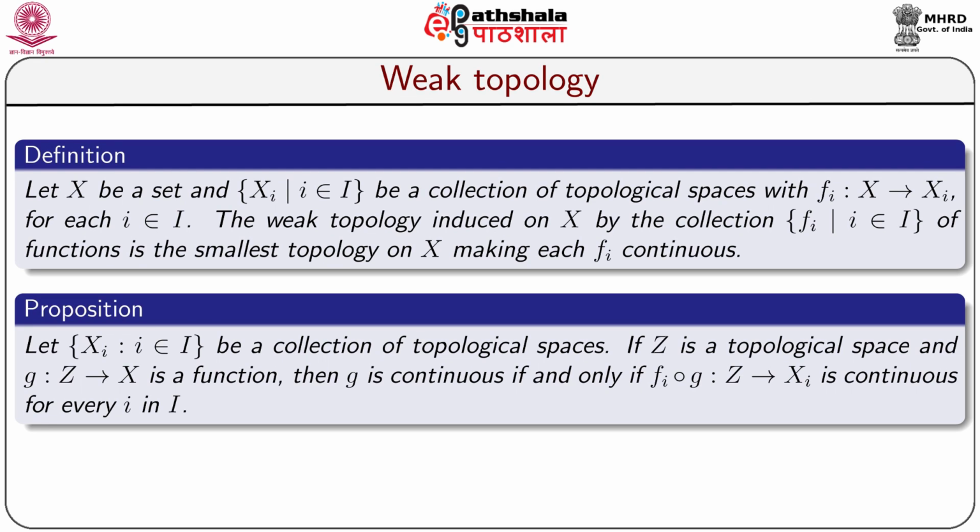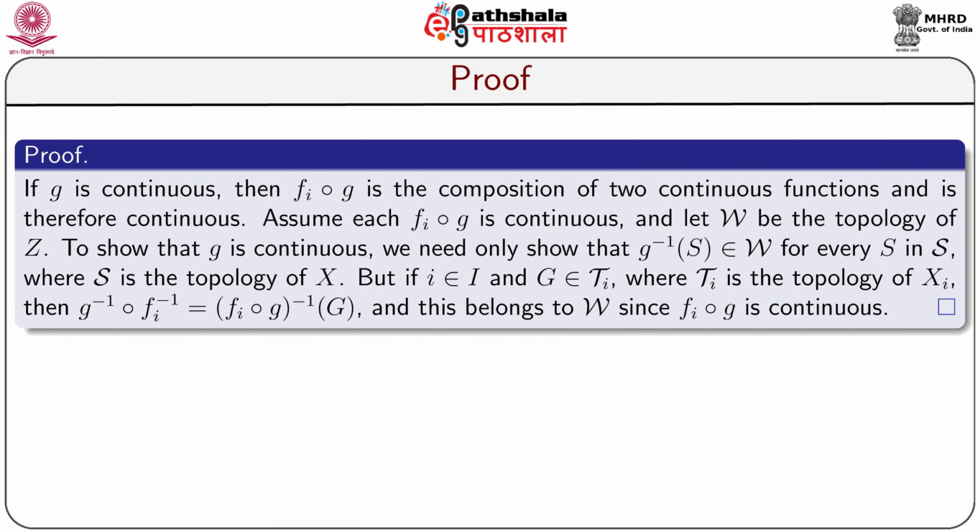If Z is a topological space and G from Z to X is a function, then G is continuous if and only if Fi compose G from Z to Xi is continuous for every i in capital I. Proof: if G is continuous, then Fi compose G is the composition of two continuous functions and is therefore continuous.